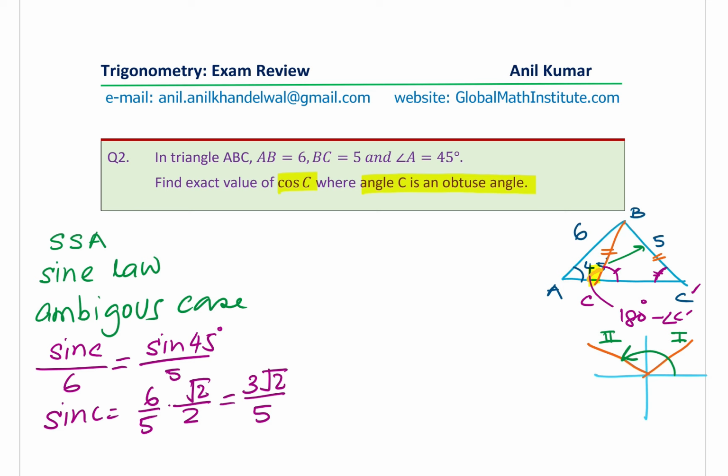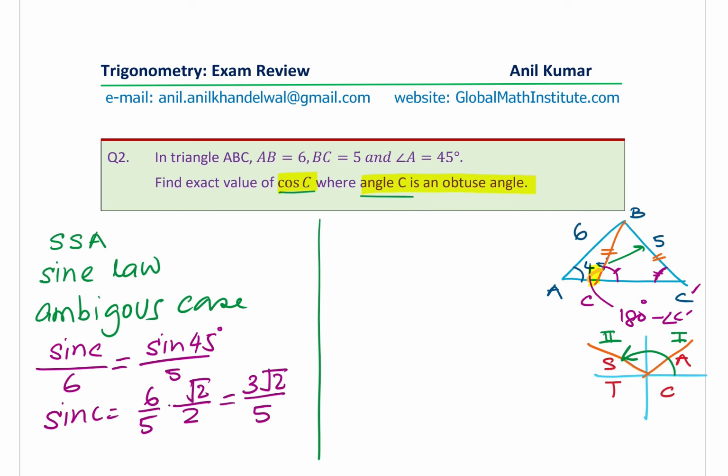However, in the second quadrant, cosine value is going to be negative. Apply the CAST rule, right? So sine is positive in quadrant 2. However, cosine is negative. So we expect a negative answer for cos of C. Is that clear to you?